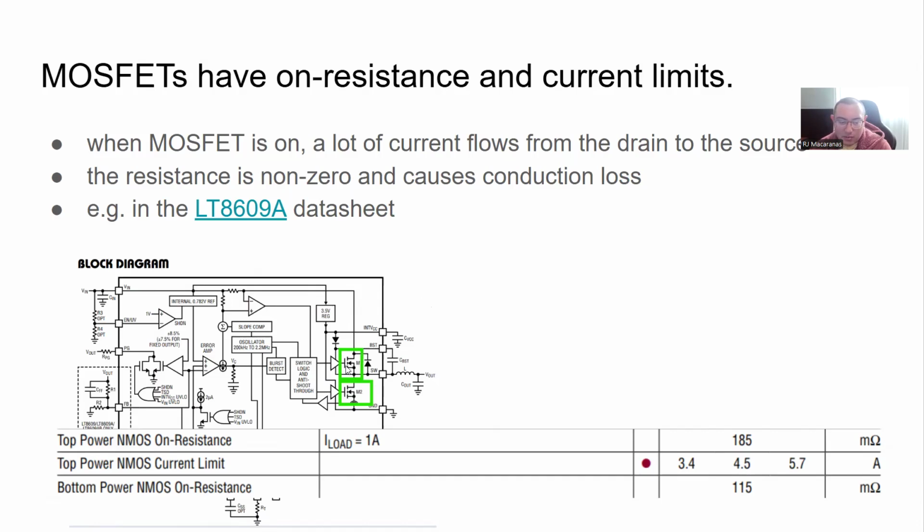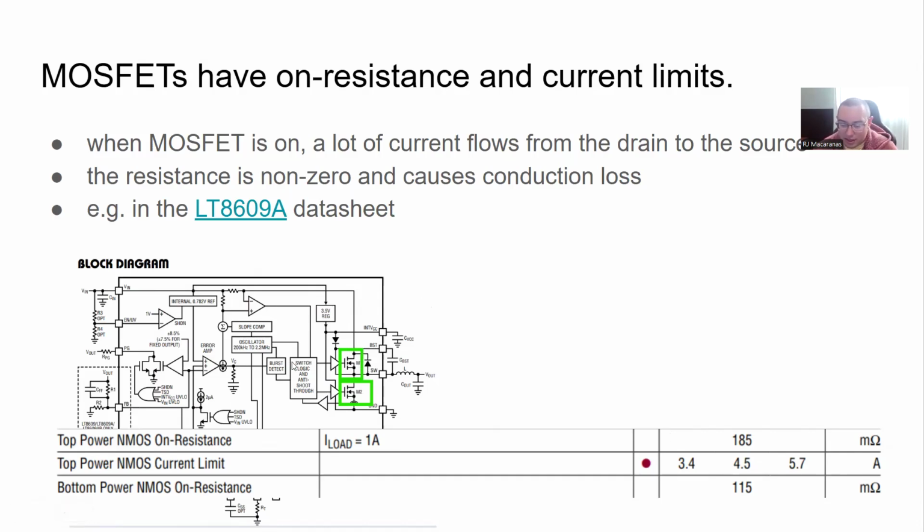And here you can see that our top NMOS, this is an N-channel MOSFET, has 185 milliohms of resistance, and then it also has a current limit of typically 4.5 amps.